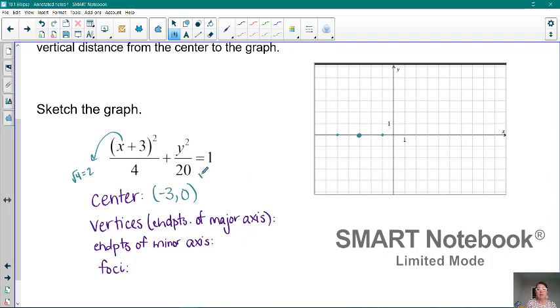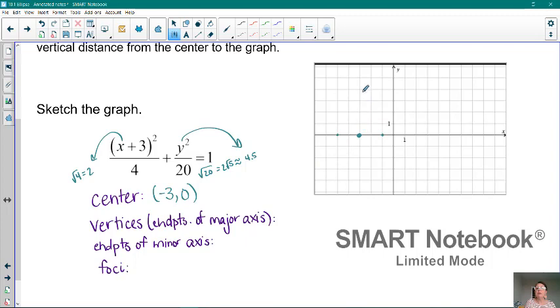Okay? The square root of 20 is 2 square root of 5. I would really like to have a decimal for that. It's about 4.5. So that tells me I'm going to go in the y direction, up and down from the center, about 4.5.